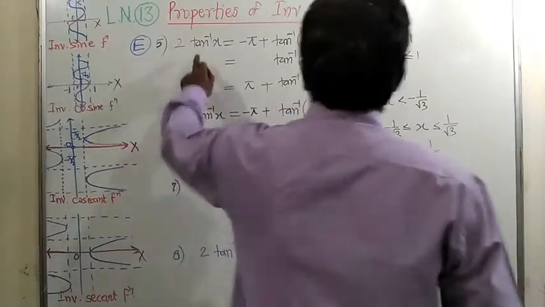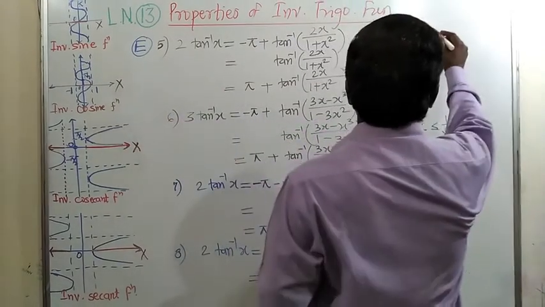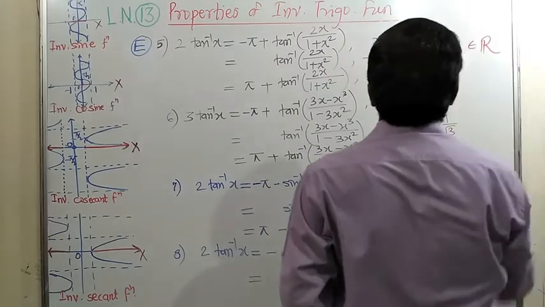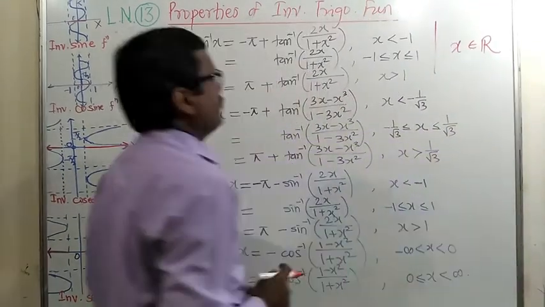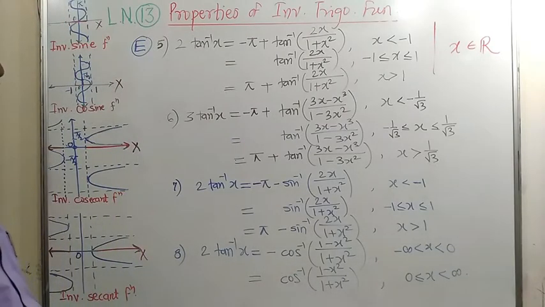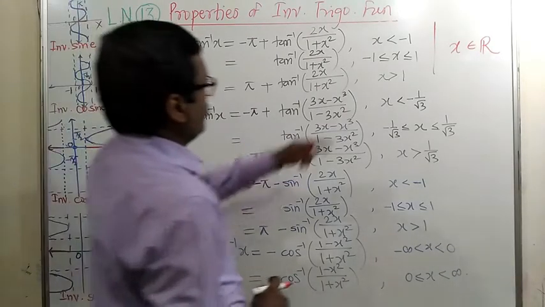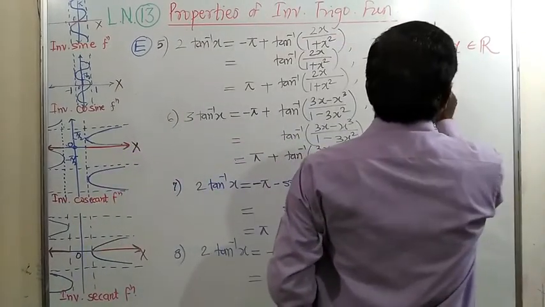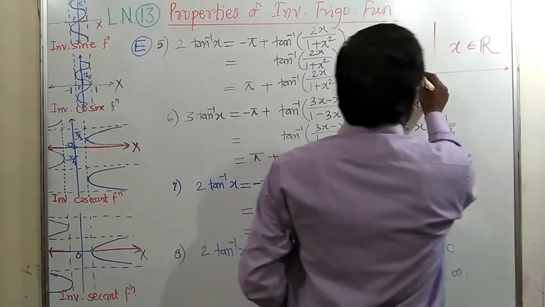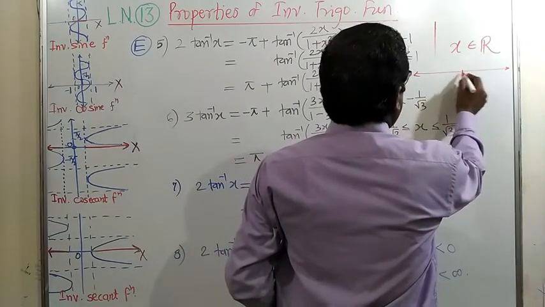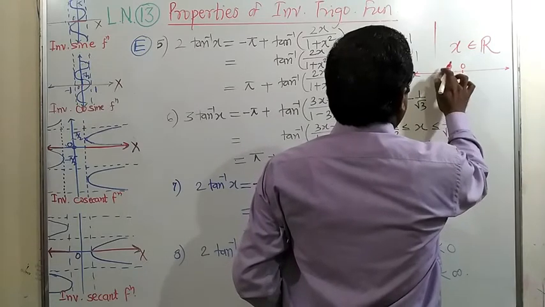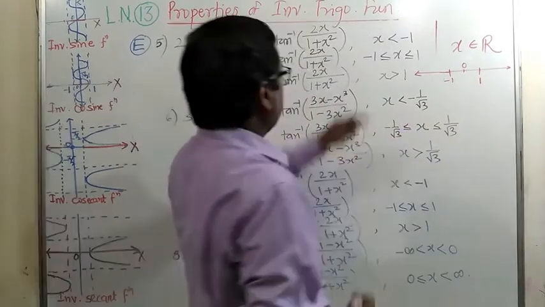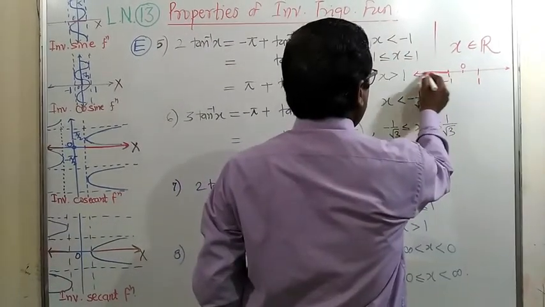Here once again the domain for the tangent function is x belongs to R, means all real numbers, so x may be negative, positive or 0. Whenever x is less than minus 1, means if this set of real numbers is divided into 3 parts, suppose 0, there is minus 1, there is plus 1, then x less than minus 1 is only this portion.